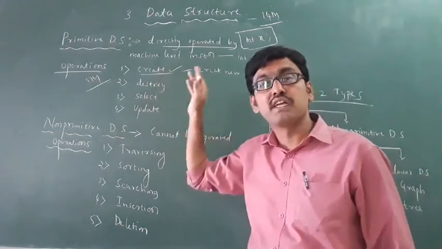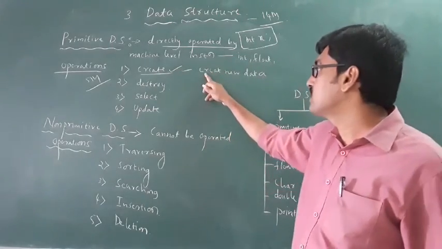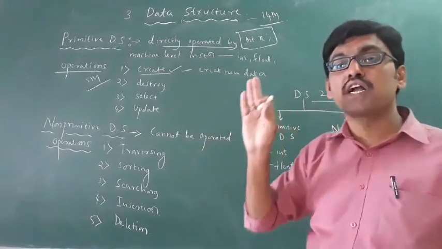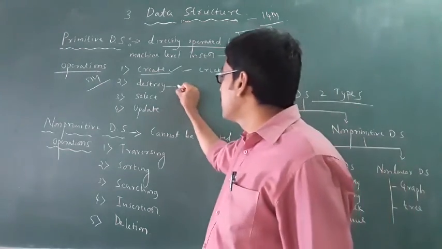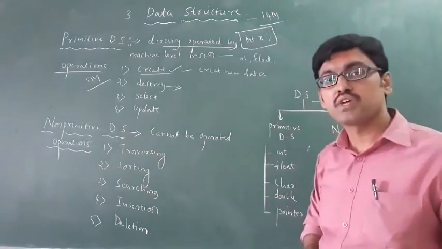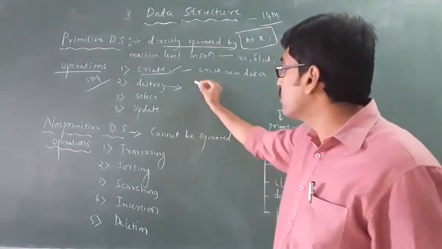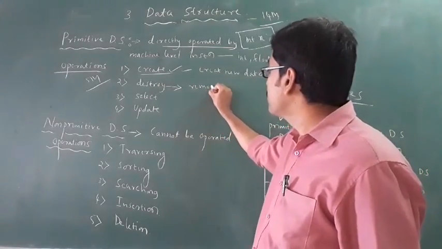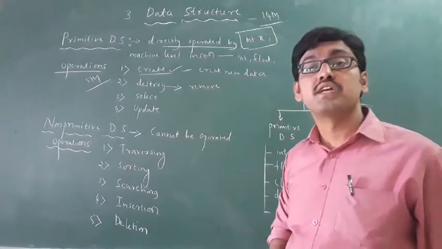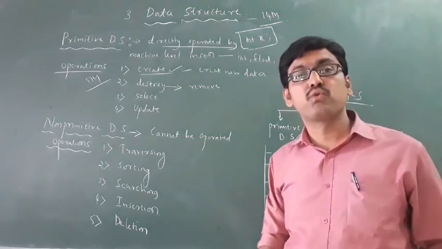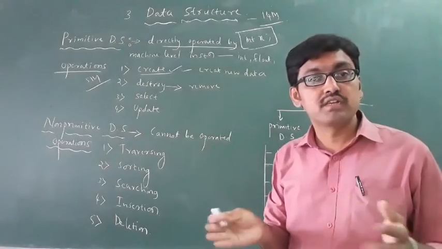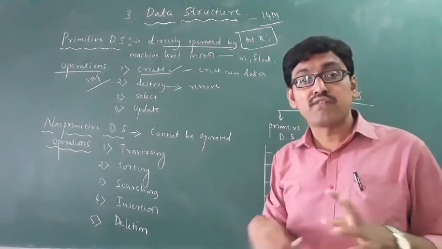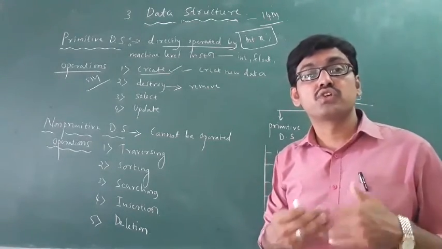First operation is create. This operation is used to create new data in the data structure. Then the second one, destroy. Destroy means delete. It is used to remove the data from the memory. After execution of the program, data will automatically be released. The operating system releases the data after execution of the program.